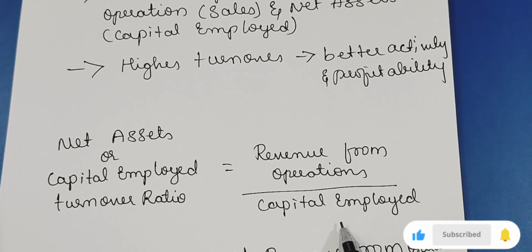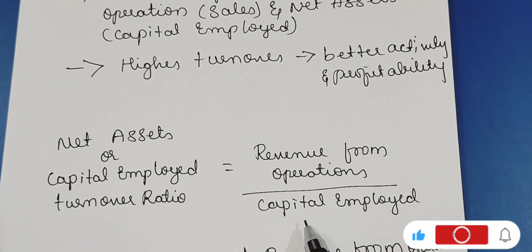So capital employed we can calculate in two forms, that is, asset side or liability side. When calculating from the asset side, we take all non-current assets plus working capital, that is current assets minus current liabilities. In case we take the liability side, then shareholders' fund plus non-current liabilities.